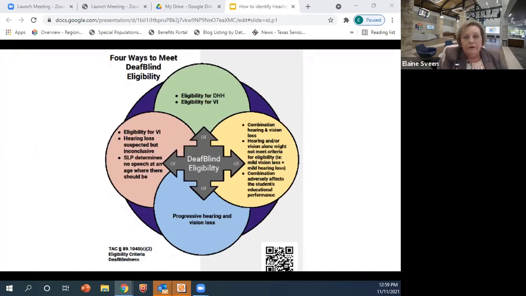This is a very intense kind of process to figure out at times, and requires us as teachers of the visually impaired and the teachers of hard of hearing to work together to see how that loss creates issues in the classroom.